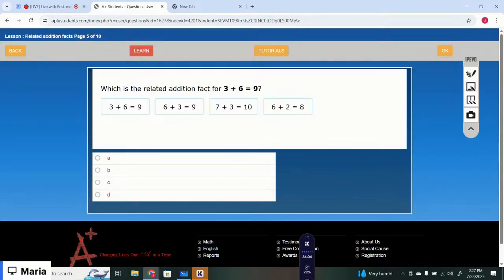Which is the related addition fact for 3 plus 6 equals 9? Option A is the correct option. That is 6 plus 3 equals 9.